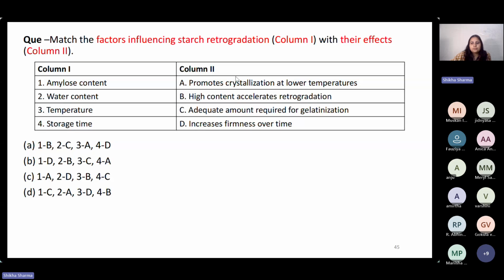Is this question clear to everyone? Can we discuss this question? The factors influencing starch retrogradation are listed in column 1: amylose content, water content, temperature, and storage time. In column 2 are their effects: promotes crystallization at lower temperature, high content accelerates the retrogradation, adequate amount required for gelatinization, and the increase in firmness over time.